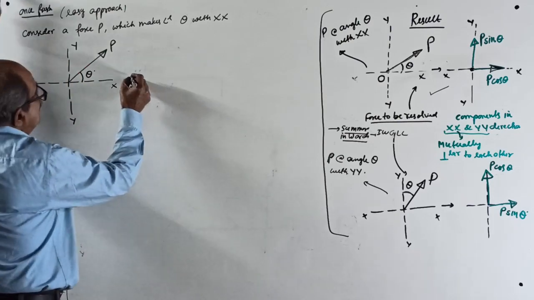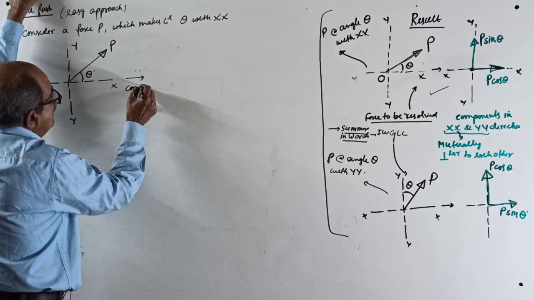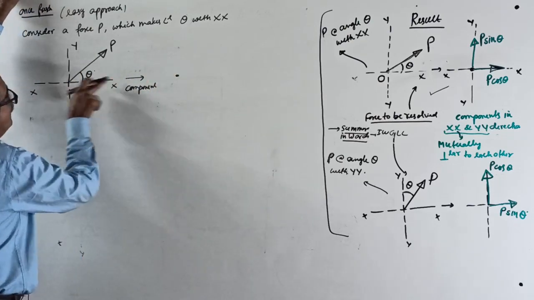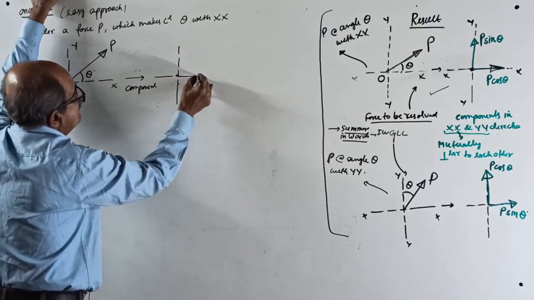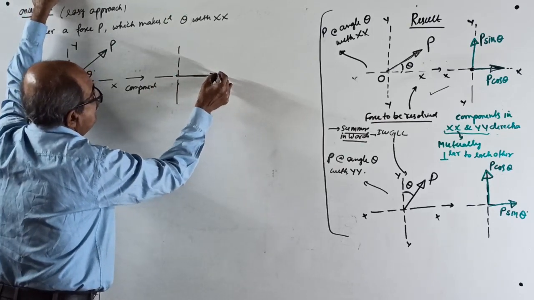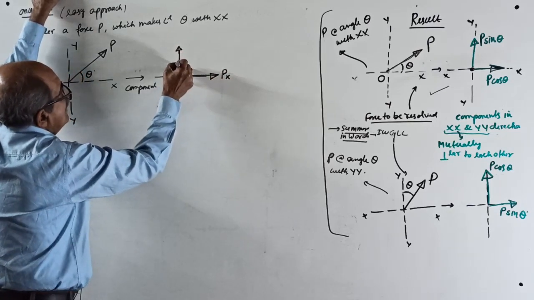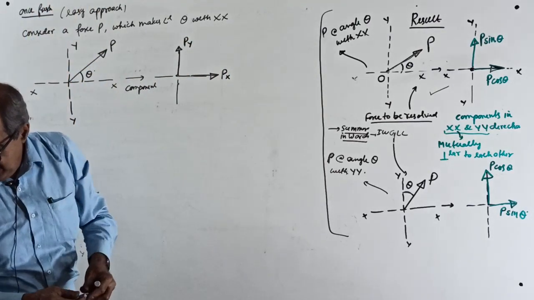Okay, now, the resolved components will be, see, if I resolve here, one component like this, I will call Px, the other component here, I will call Py. If the ink is fading, I will change the pen.